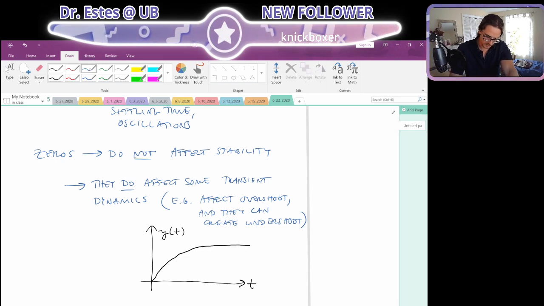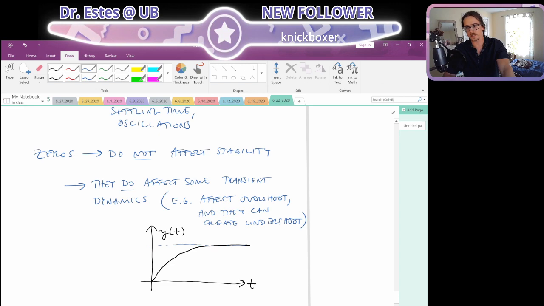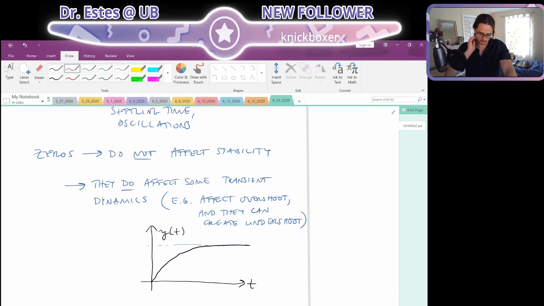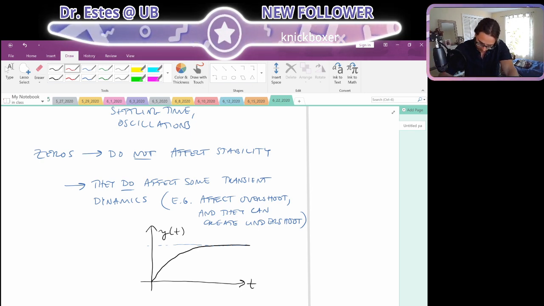And it goes to some steady state value. It has some time constant, etc. Now, if you start adding zeros, you can find that maybe your system undershoots first and then comes up, and maybe it overshoots and then does something like this.